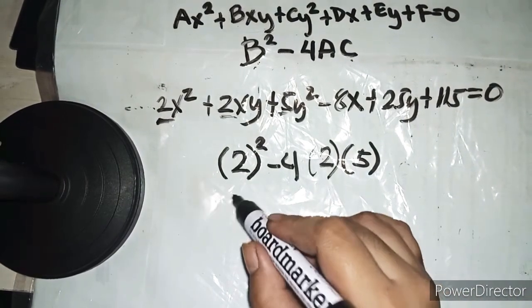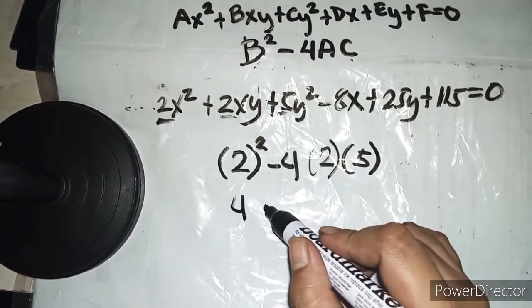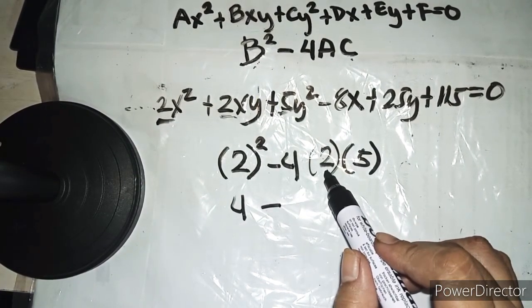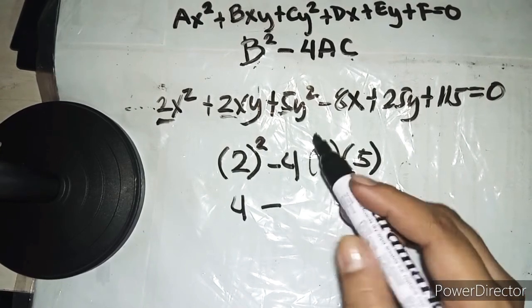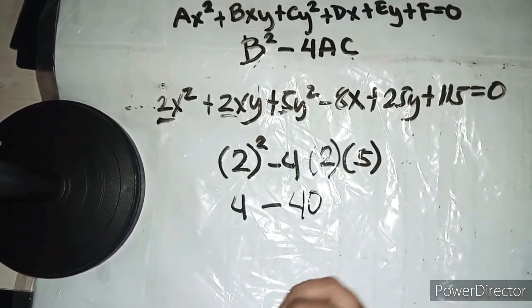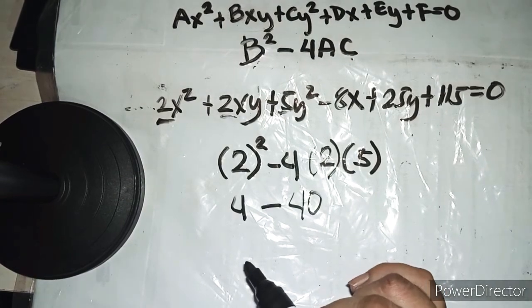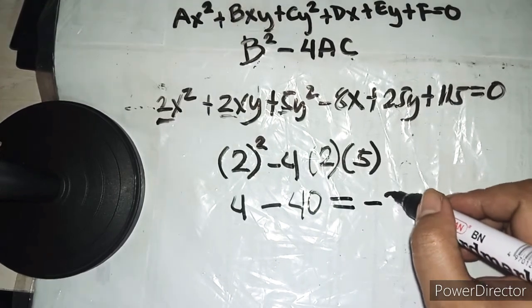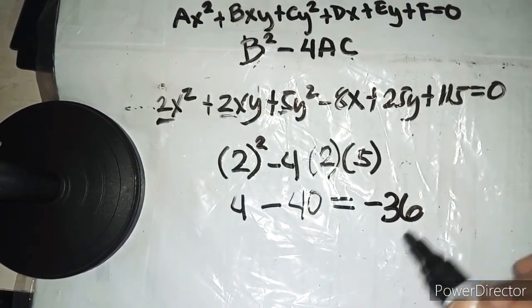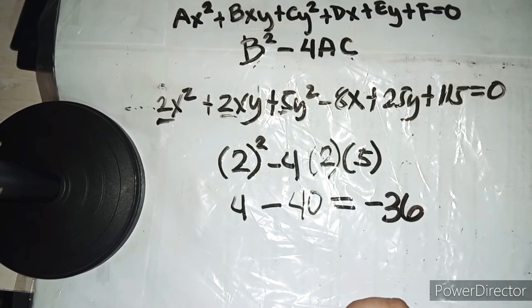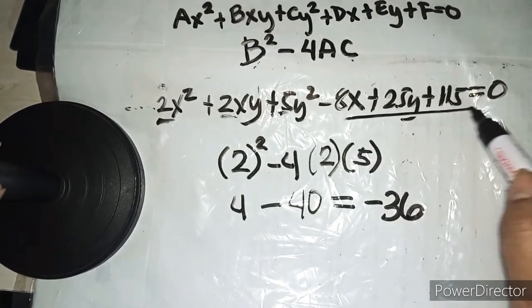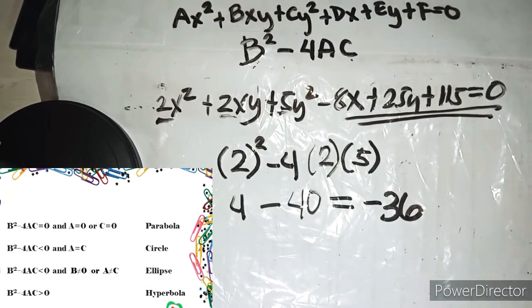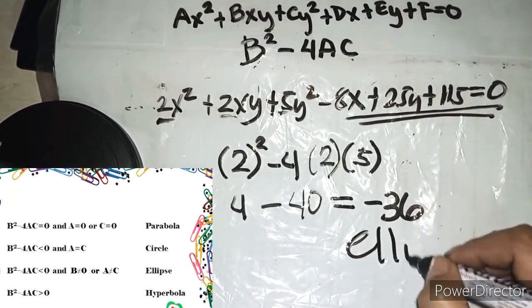So 2 squared is equal to 4 minus 4 times 2 is 8 times 5 is equal to 40. So 4 minus 40 is equal to negative 36. Now, what kind of equation is this? That's right. So this is an ellipse.